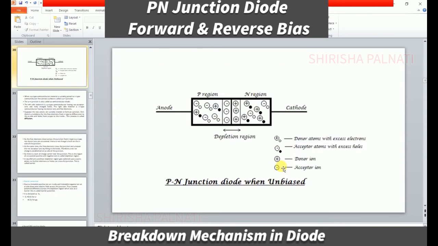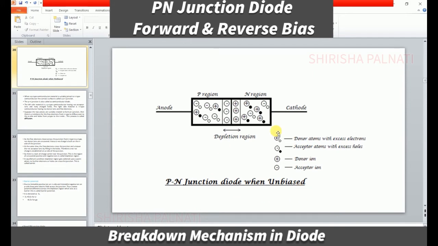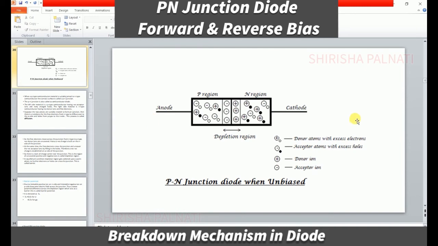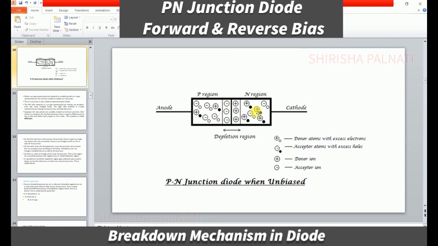If you are not applying any battery or any external voltage, that is called a PN junction diode when unbiased. This is the diagram of the PN junction diode when unbiased. The diode has an anode and cathode, and here we are combining the p region and n region, that is p-type silicon material and n-type silicon material.